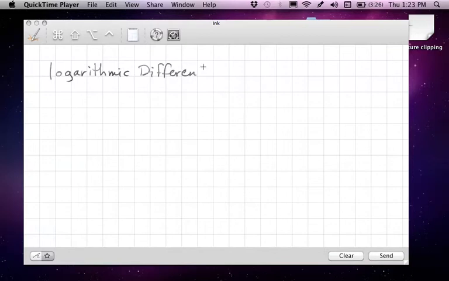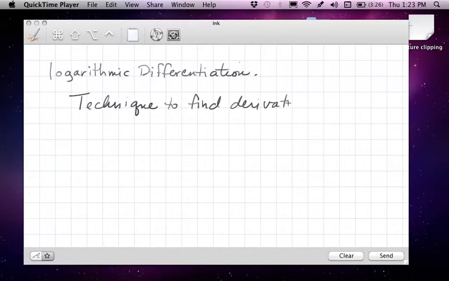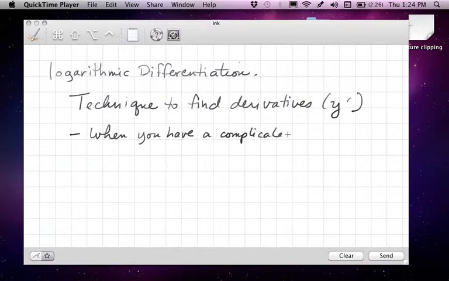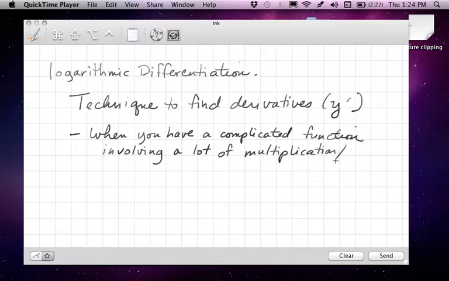It's a technique to find derivatives, y prime, and it could be used when you have a complicated function involving a lot of multiplication, division, and raising to powers.